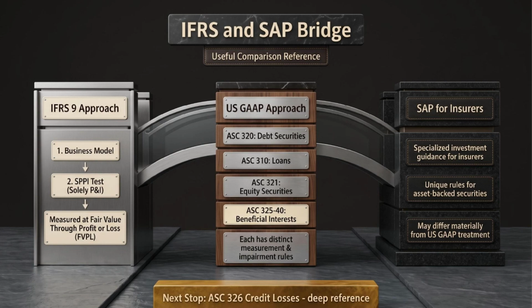Under US GAAP, we use topic specific models, including ASC 320 for debt securities, ASC 310 for loans, ASC 321 for equity securities, and ASC 325-40 for beneficial interests. For SAP, insurers have specialized statutory investment guidance that may differ from US GAAP. The next major stop for credit losses is ASC 326.